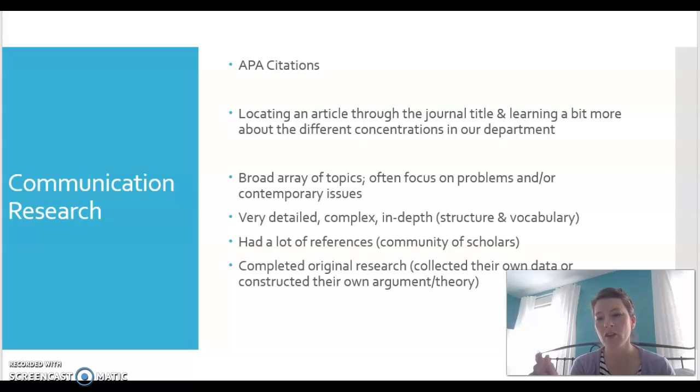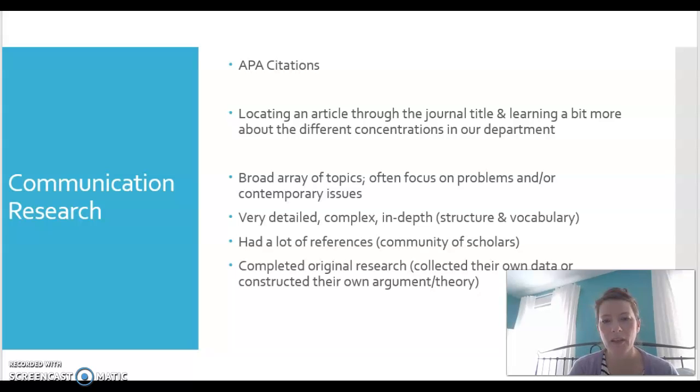Even the specific journal that you look in will have its own focus. So for instance, Communication, Culture, and Critique is going to be a journal that fits very well with broad media studies or the communication and culture concentration, whereas Public Relations Review obviously fits very well with the field of public relations.